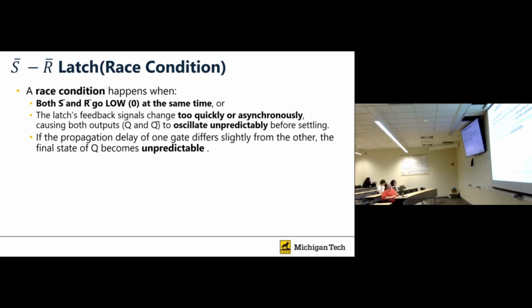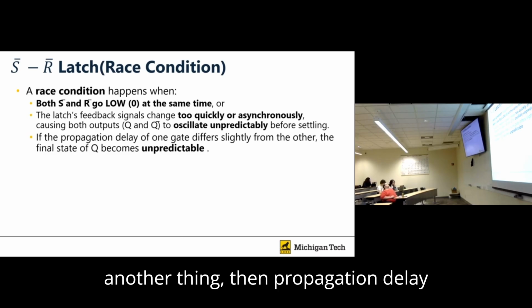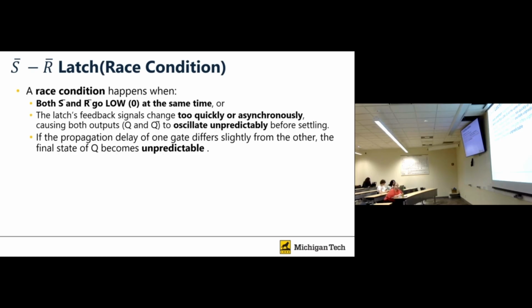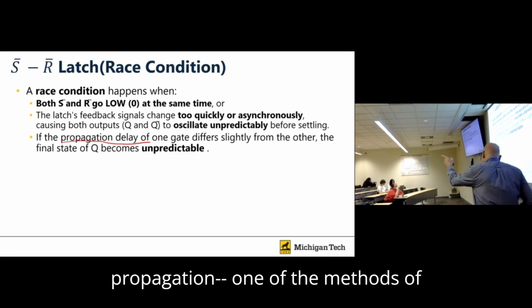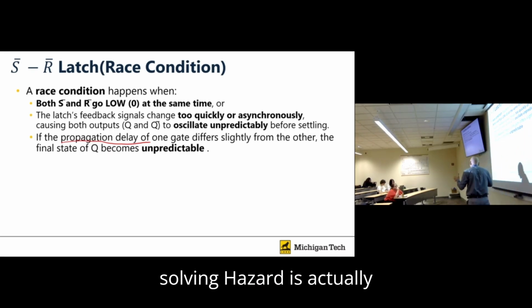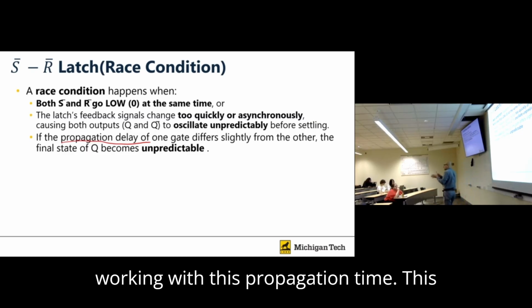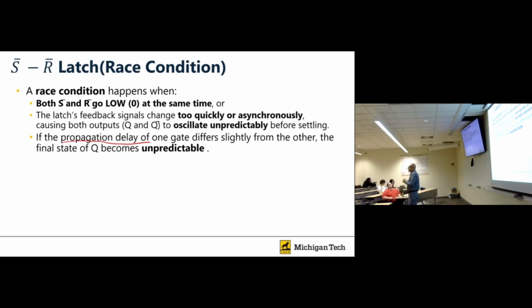And another thing, when the propagation delay in one gate differs a little from the other. So one of the methods of solving hazards is actually working with this propagation time.